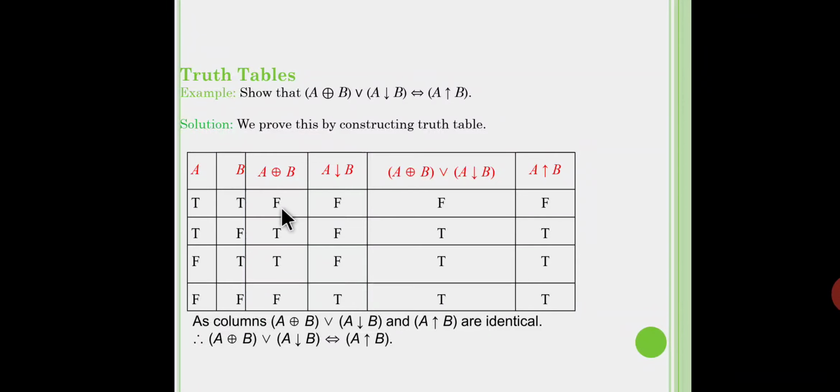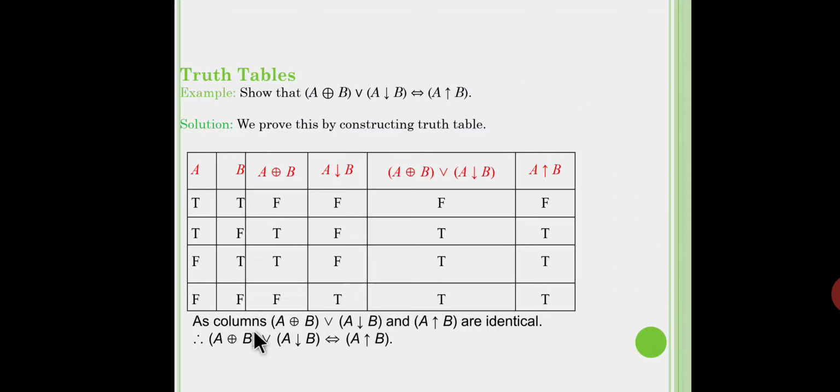If both are false, then their compound statement gives false. In remaining cases it is true. So A NAND B: the rule of NAND is, if both A and B are true, then it is false. In remaining cases it is true.